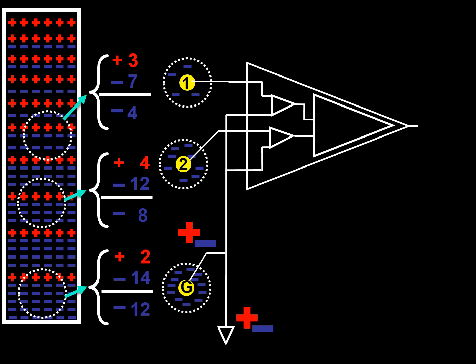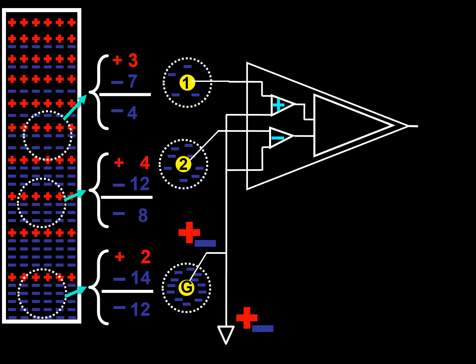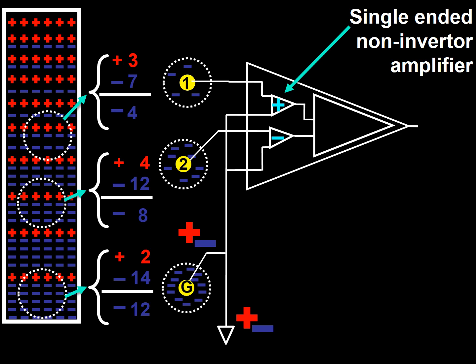Electrode 1 and 2 also enter the differential amplifier, but they do so at each single-ended amplifier through the upper slot. Remember that the lower single-ended amplifier in the differential amplifier is an inverter single-ended amplifier, and that the top single-ended amplifier is a non-inverter single-ended amplifier.